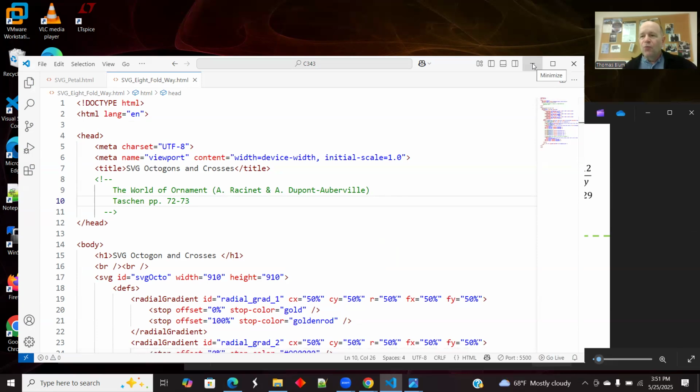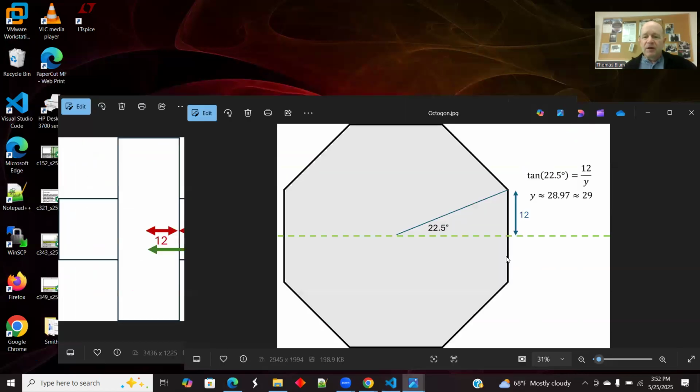I want to show you where some of my funny numbers come from. Here I have an octagon, and each side of the octagon takes up 360 divided by 8, or 45 degrees, but I'm going to go for half of the side.